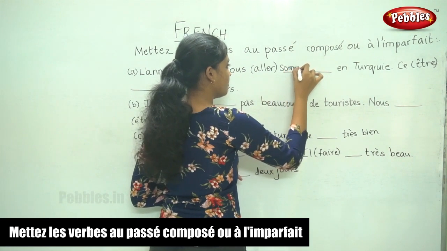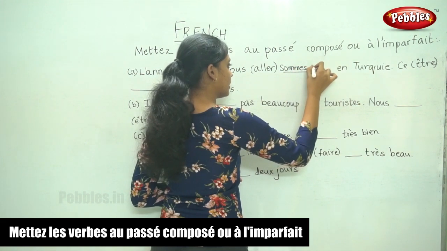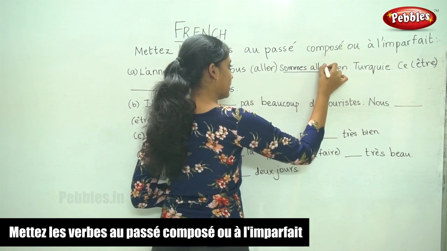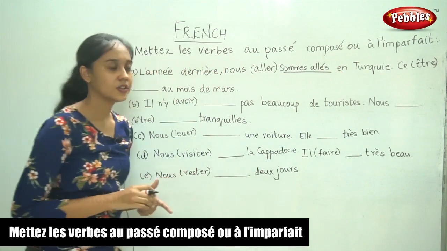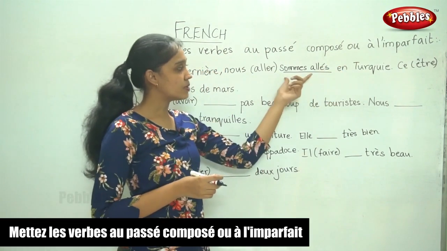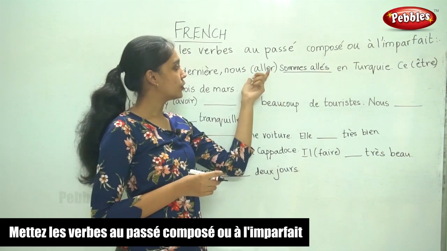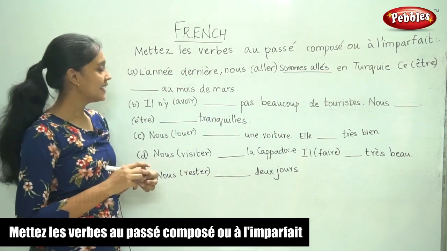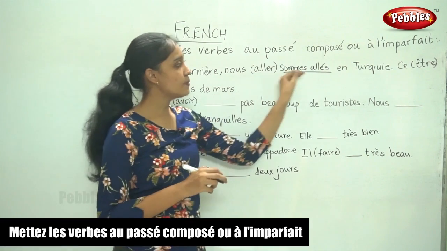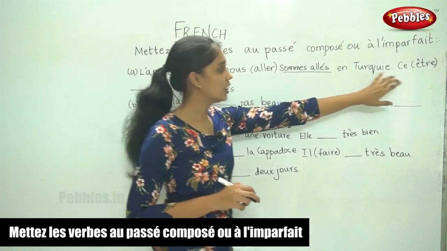So nous sommes allés, right? Because we use être as the auxiliary, for agreement we added an s. So l'année dernière, nous sommes allés en Turquie.